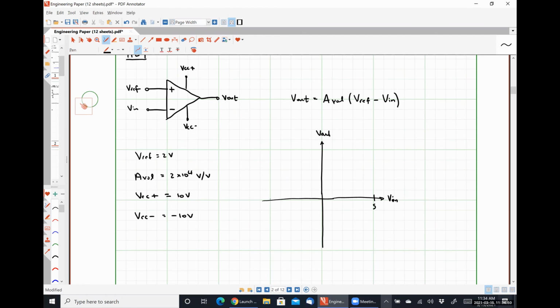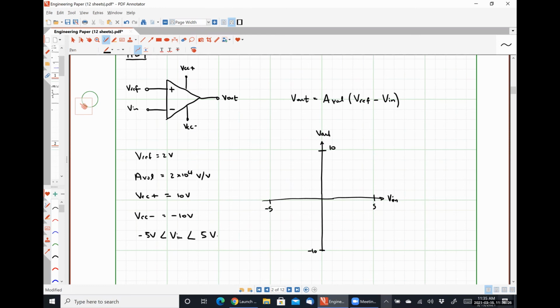Here's 10, minus 10, and we're going to let negative 5 volts be less than VN is less than positive 5 volts again. What should this guy do?